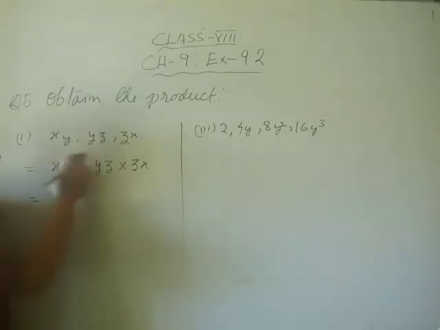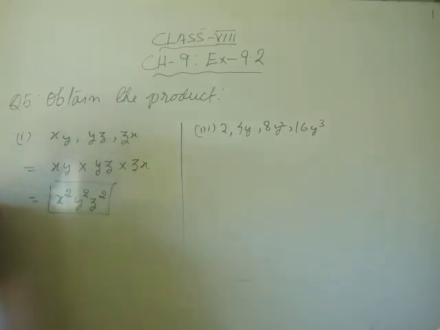And y. How many y's are there? 2 y's are there, so y squared. And z. How many z's are there? 2 z's are multiplying, so z squared. So this is the product of the given expressions.